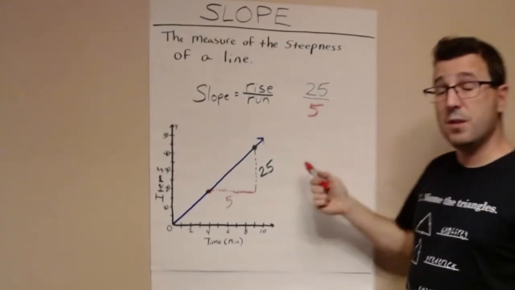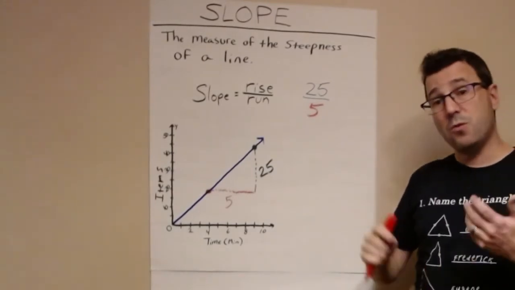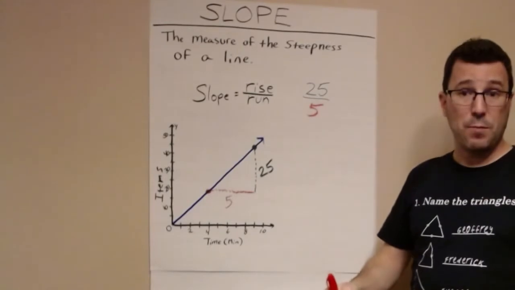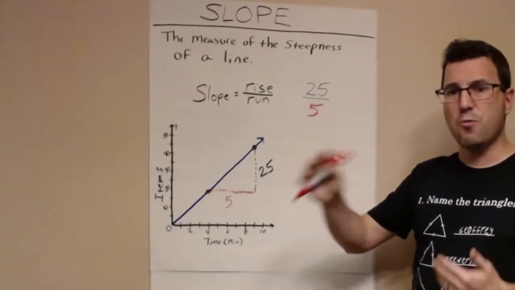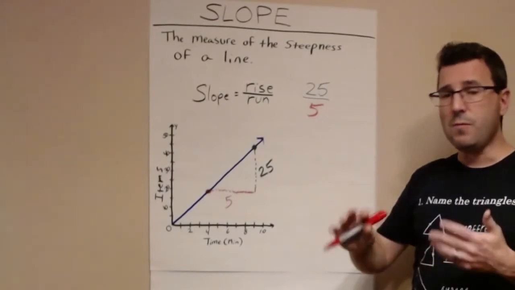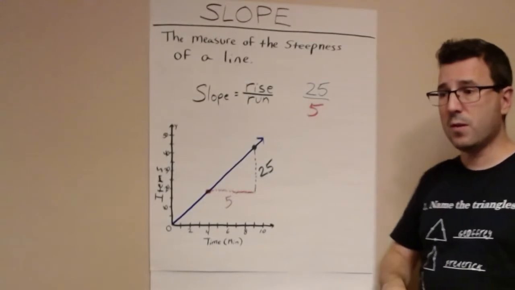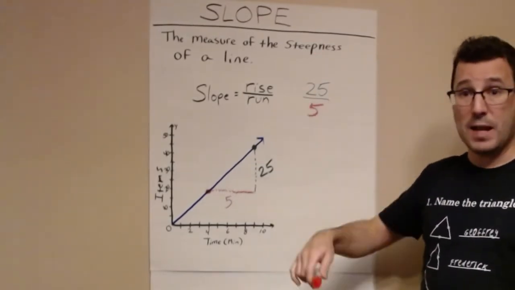So when we do this division, we always want our slope in simplest form. So it's usually going to be written as a fraction, and then we're going to try to simplify it so that the number in the numerator and in the denominator don't have anything else in common. The number that's on top is always going to be telling us how much we're going up or down.